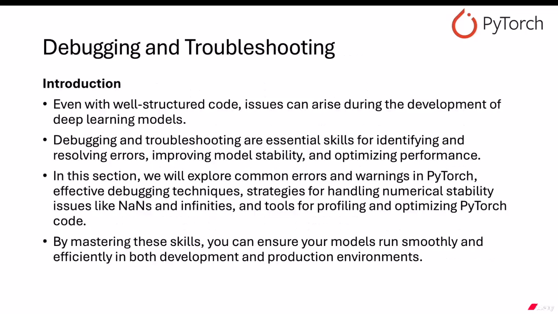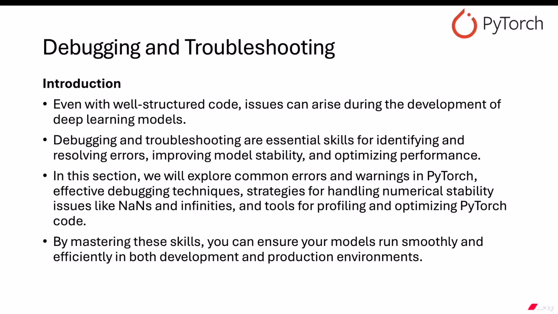Debugging and troubleshooting: even with well-structured code, issues can arise during the development of deep learning models. Debugging and troubleshooting are essential skills for identifying and resolving errors, improving model stability, and optimizing performance.